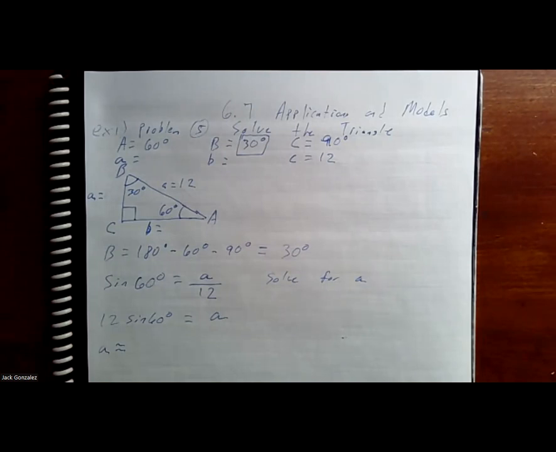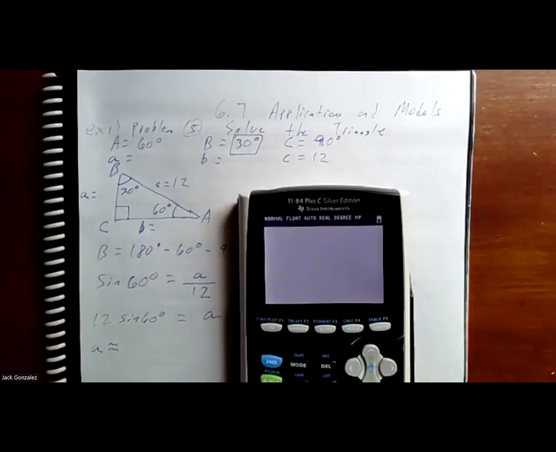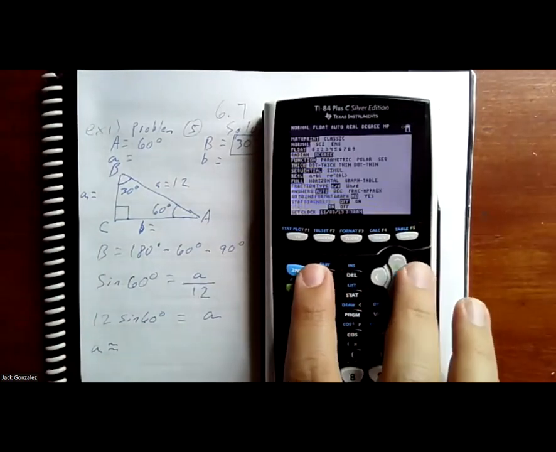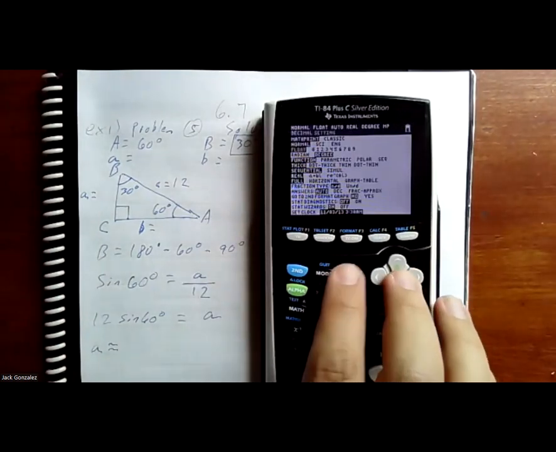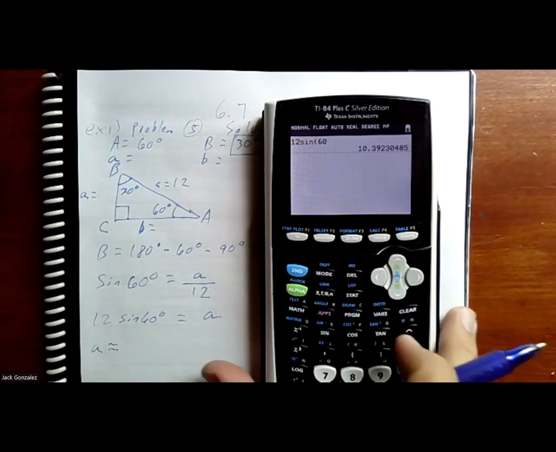When we're doing applied problems, we might as well use our graphing calculator or scientific. 12 sine 60. So it looks like little a is 10.39. They said round to 2 decimal places, so 10.39.